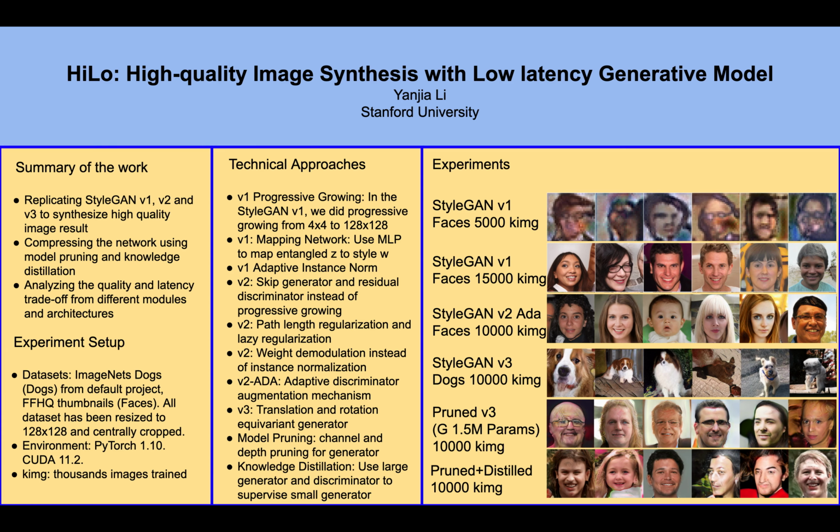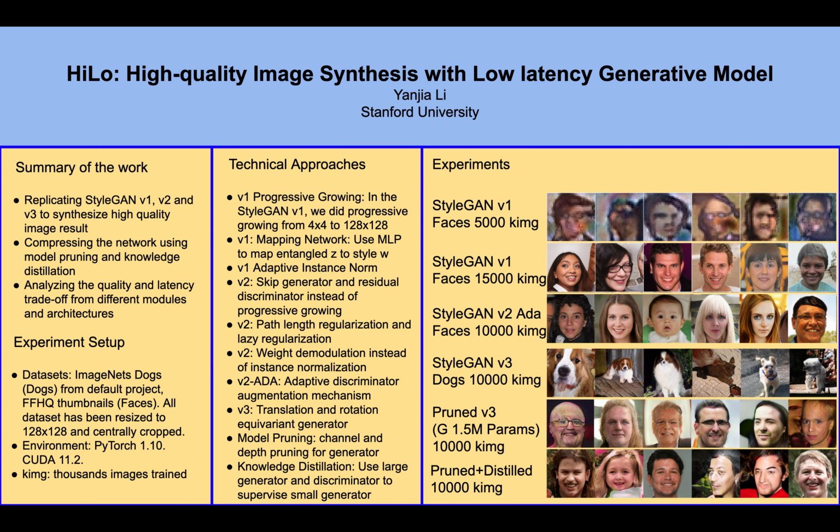With this, we can improve the quality of the model when the data is pretty limited. For example, the ImageNet dogs dataset is much smaller than FFHQ. So this ADA can help here.